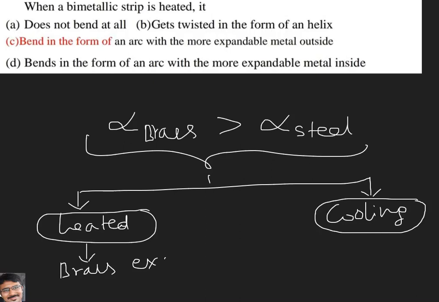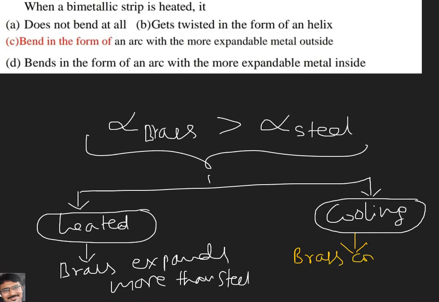That is the phenomenon we observe as alpha brass is greater than alpha steel. Now, when it is cooled, what will happen? Brass contracts more than steel.